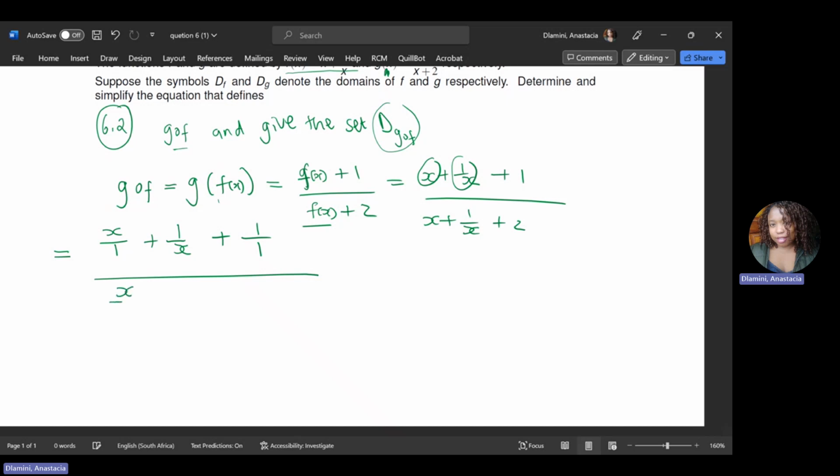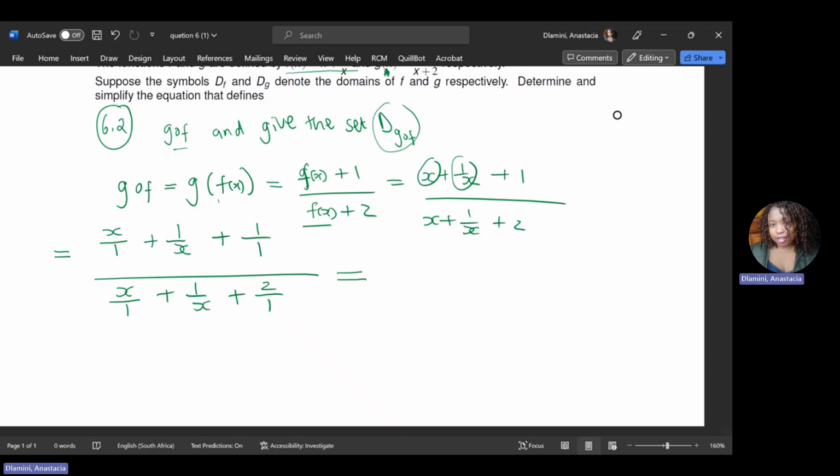So we have X over 1 plus 1 over X plus 2 over 1. The reason we want to represent the numerator and denominator terms as fractions is so that we can simplify, basically add the terms together.